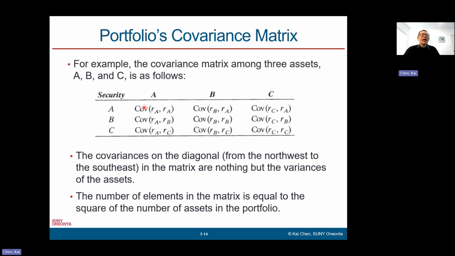Because the column asset is the same as the row asset, this covariance is nothing but the variance of this asset.